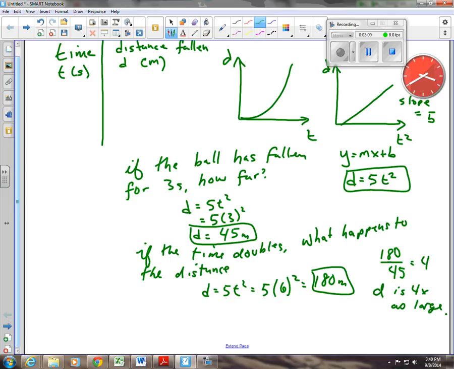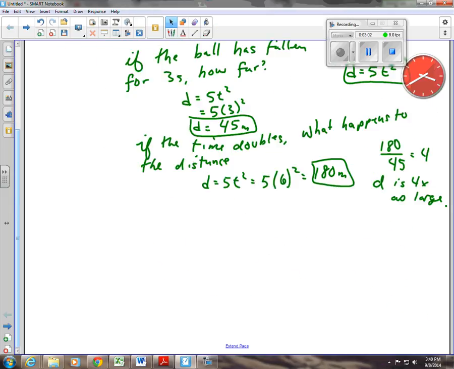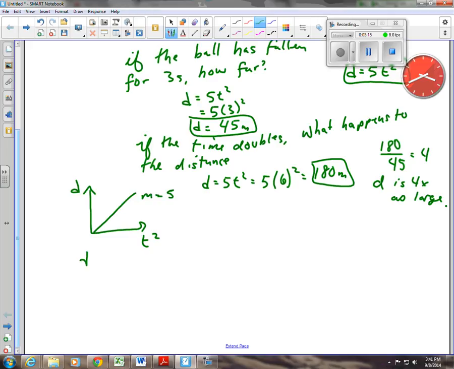However, I'm going to use a little different language, and it might make these a little bit quicker. The language I'm going to use is this. When I see a graph that looks like this, d versus t squared makes a straight line, has a slope of 5, I can write the equation d equals 5t squared, or I can say this, d is proportional to t squared.